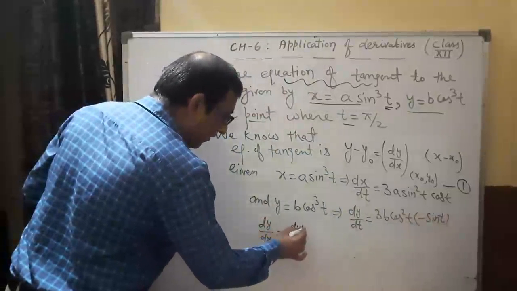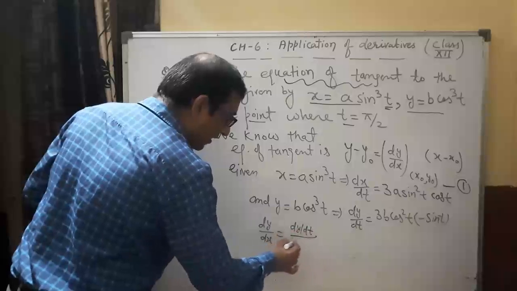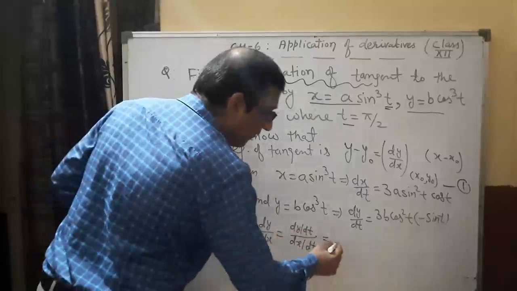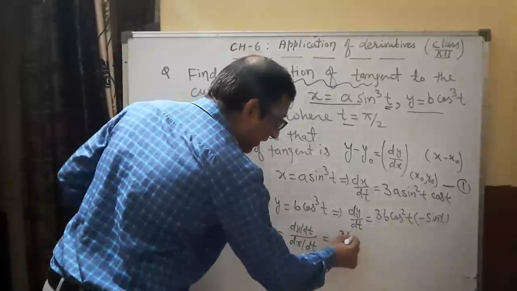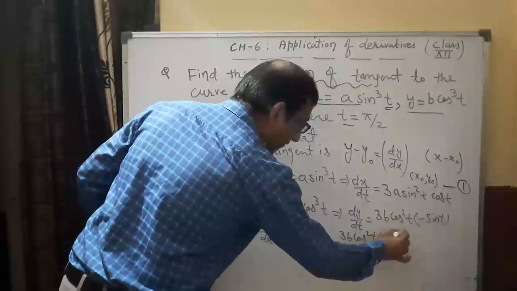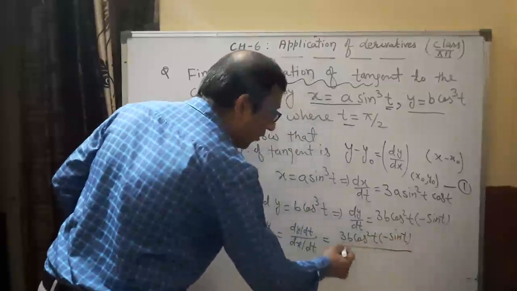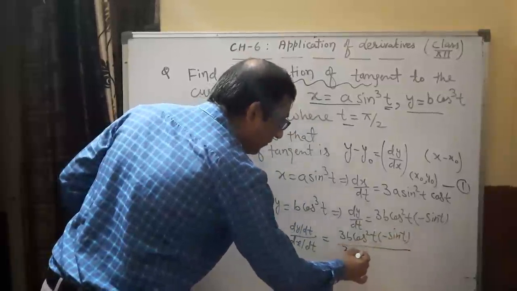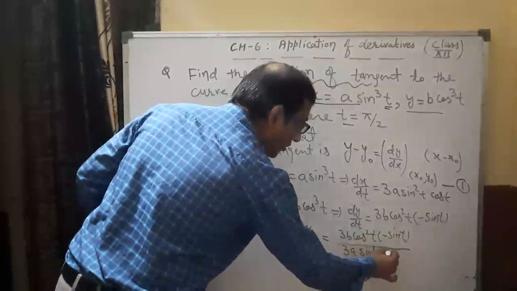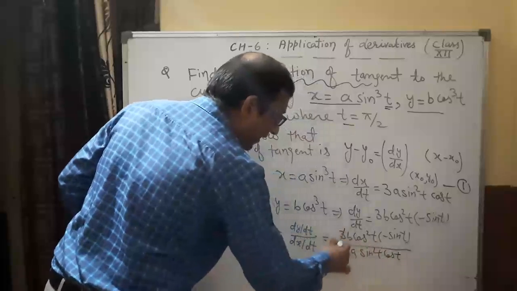So how will we calculate dy by dx? We will divide dy by dt by dx upon dt, and when we do it, what will we get? 3b cos square t, in bracket minus sin t, upon 3a sin square t cos t. It means 3 and 3 cancel.